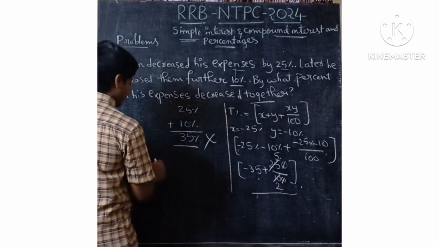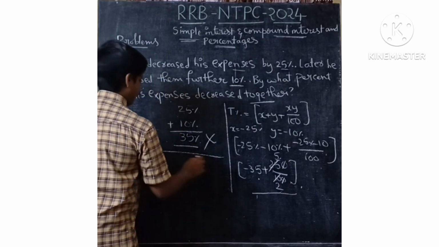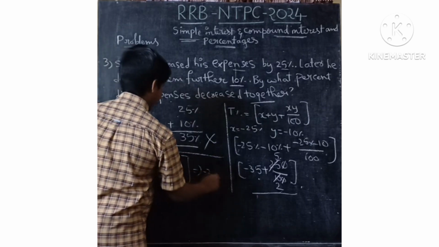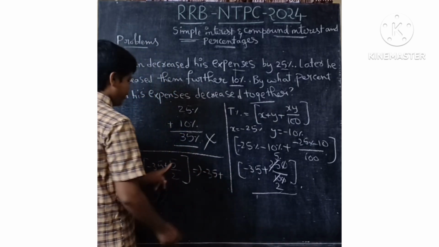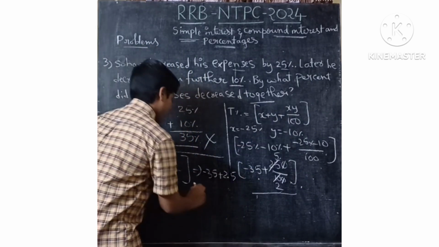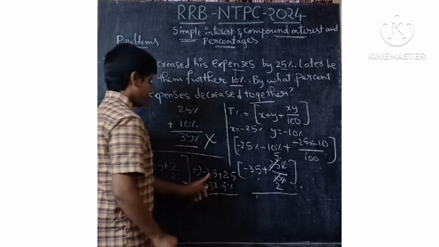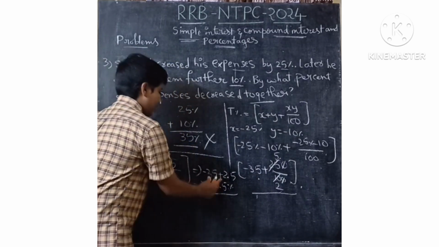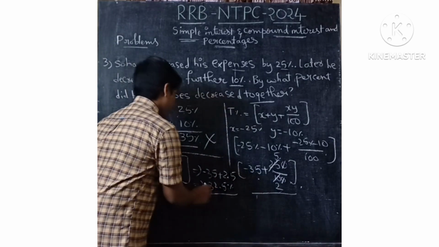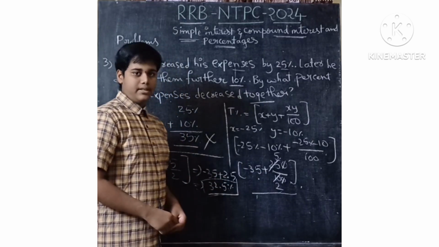So this step I am writing: minus 35 plus 5 by 2, which means minus 35 plus 2.5. Okay, so it will be minus 32.5%, because we are subtracting. Here the larger value has the negative sign, so we have to subtract. Okay, and the negative sign will not be considered. So this is the together percentage.